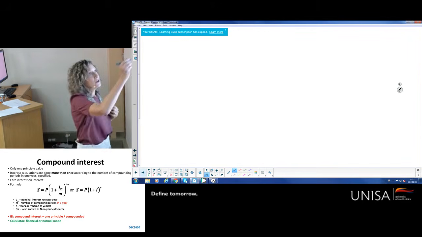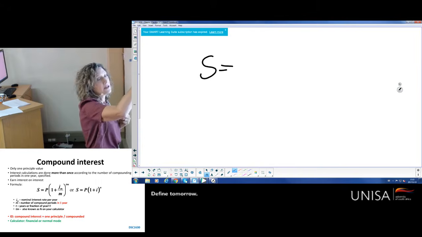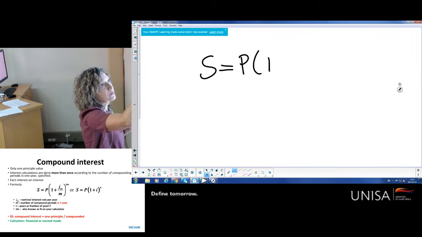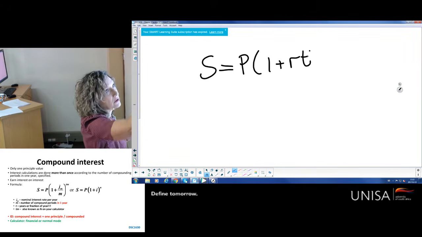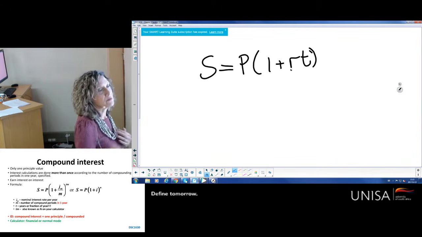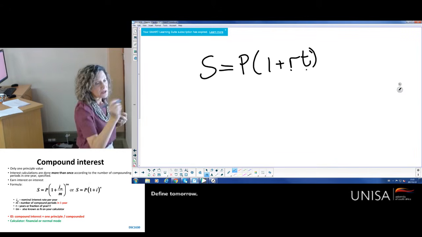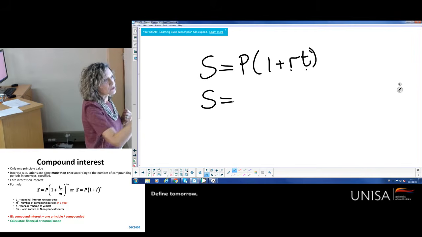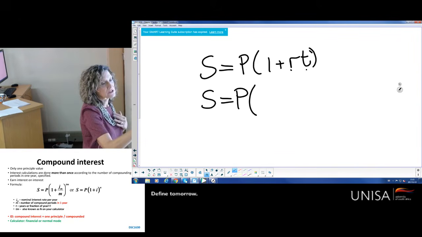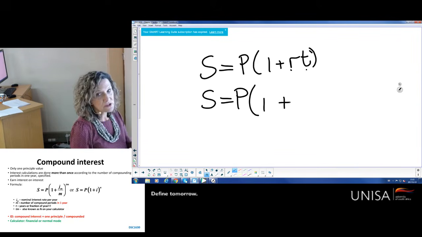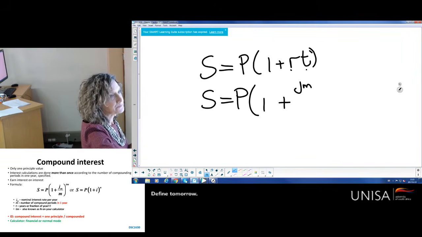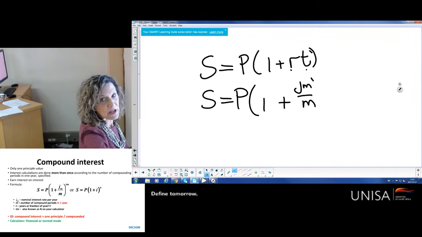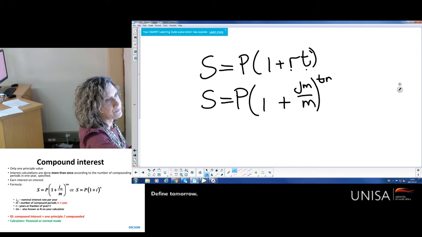Our formula looks a little bit different. Remember, simple interest was rt, r being our simple interest rate, t the time. Now, because we're earning interest on interest, our interest component changed a little bit. I'll explain all the values to you now.